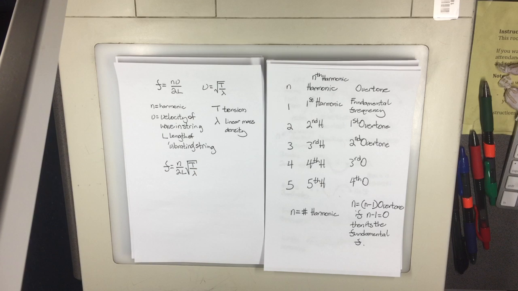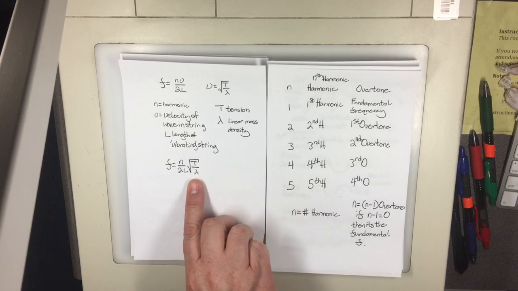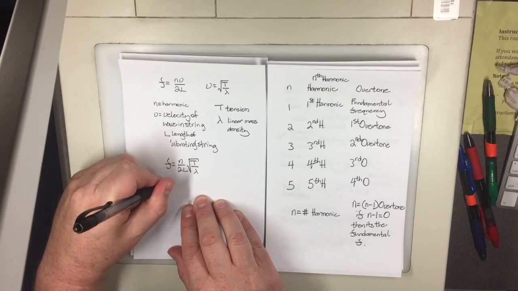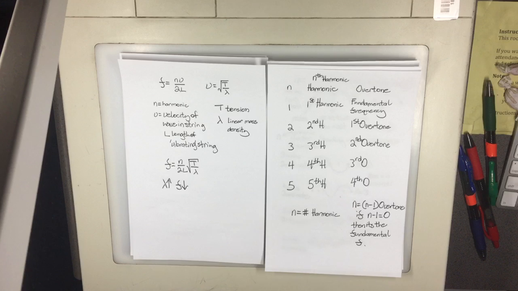Now, the big fat strings have a large what? They have a large diameter, which means that compared to a small string, they have a bigger linear mass density. There is more mass per unit length. So the big fat strings have the lower frequency because lambda is in the denominator. If lambda increases, frequency decreases.